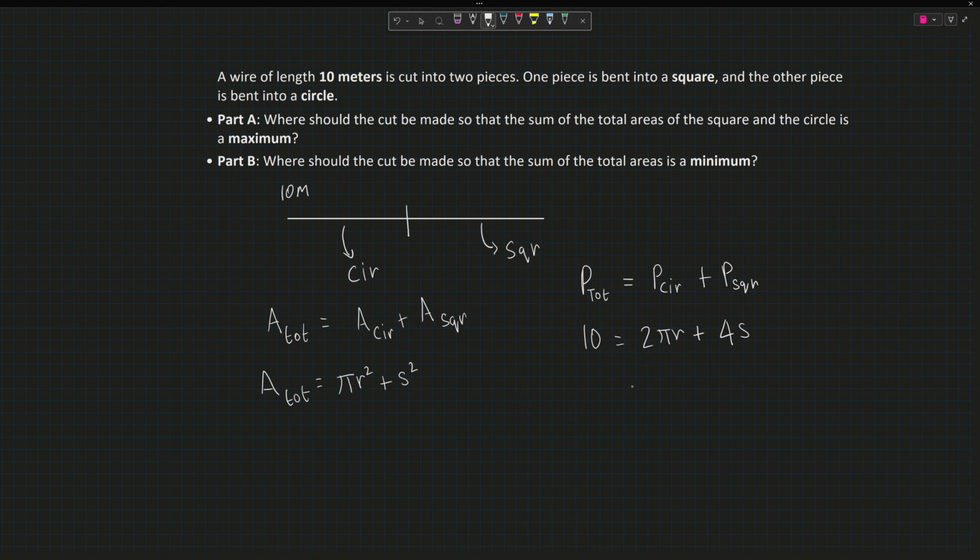Honestly, I don't think it should really matter as long as we look at this equation too, and I would rather substitute for the s instead of pi r squared. So the other way would be simpler, but I'd just do it this way. 10 minus 2 pi r over 4 equals s. Now I'm going to simplify that to make it 5 minus pi r over 2.